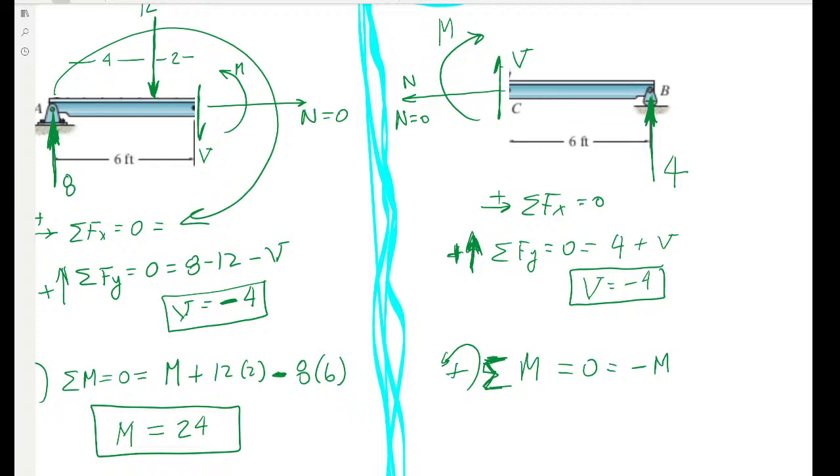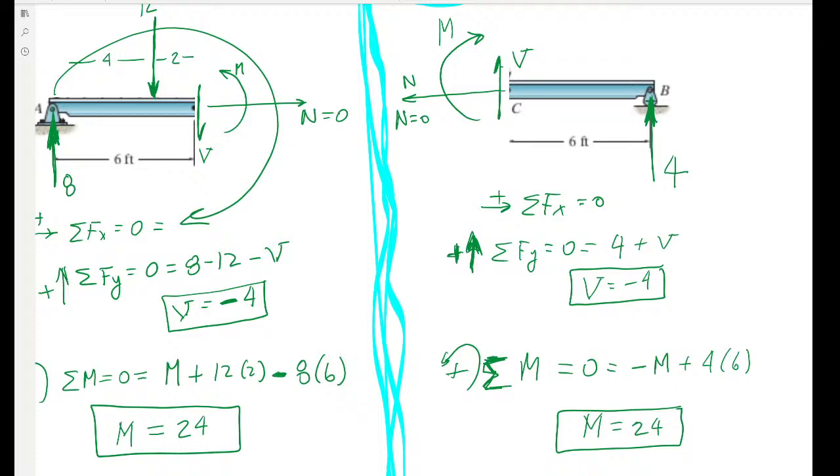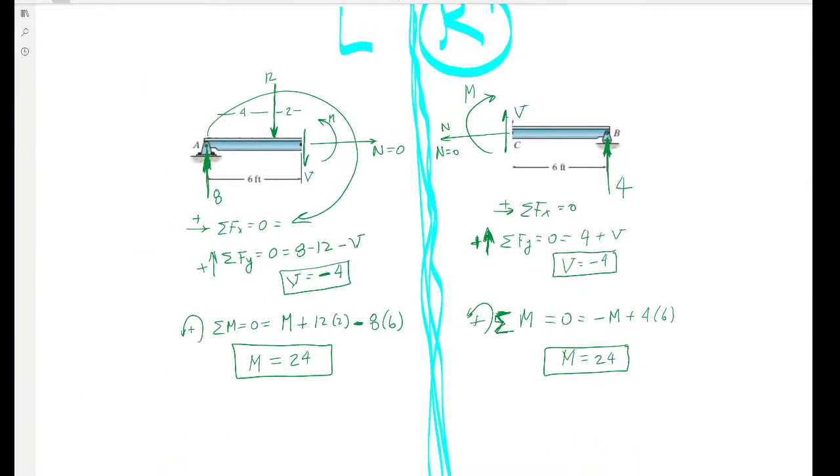And it looks like I only get a force going this way. So that becomes 4 times 6, and the moment falls out to be 24 here with a positive. So as you can see, either way you look at it, either side, you should get the same value.